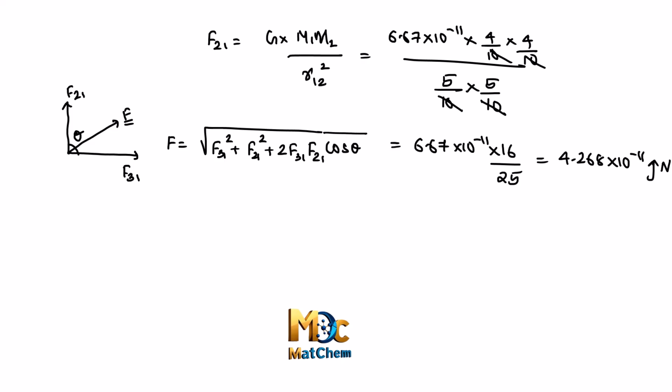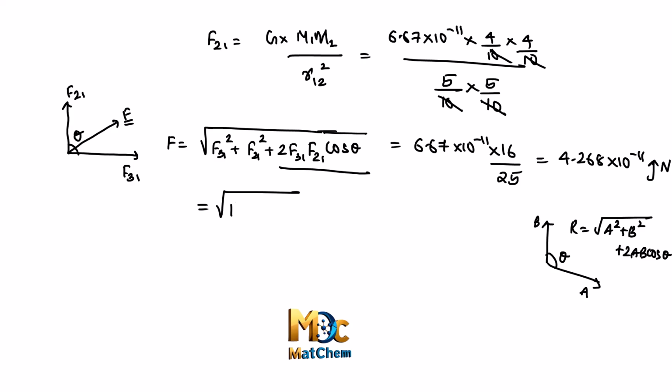This is what we obtain from the parallelogram law of vector addition, because if you have two vectors A and B with an angle theta, the resulting vector R is equal to square root of A square plus B square plus 2AB cos theta. This equation we are using here. Since F21 and F31 are perpendicular to each other, theta is equal to 90 degree, cos 90 is equal to 0. So this component will vanish.